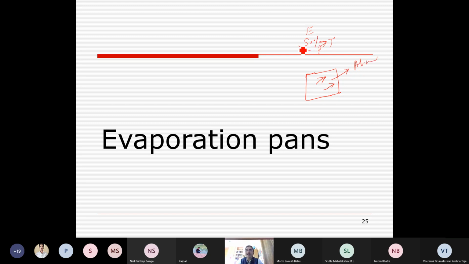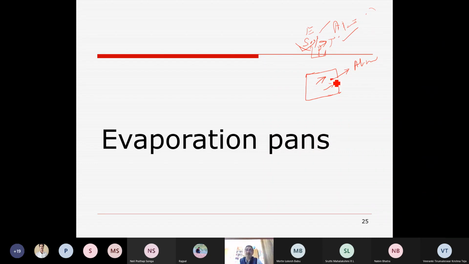Here as well, in the same sense, loss of water from the soil or from the plant surface basically depends on atmospheric characteristics or properties. If the atmosphere is dry, there will be more loss. If the atmosphere has high humidity, there will be less demand of water to saturate this atmosphere, so there will be less loss of water.